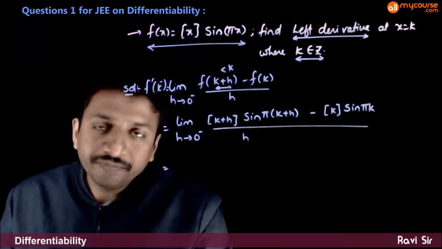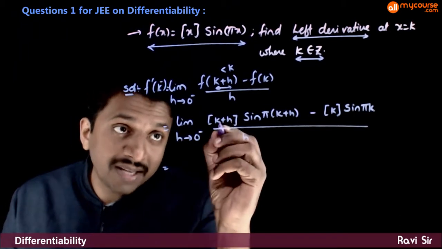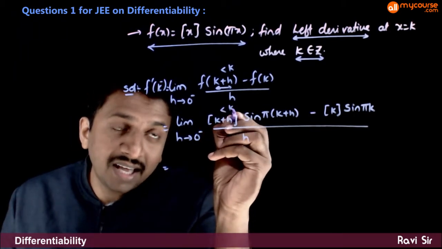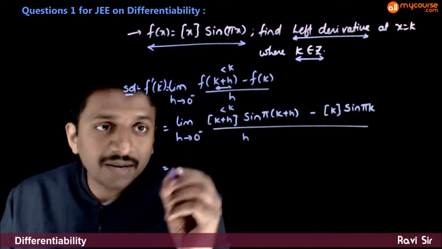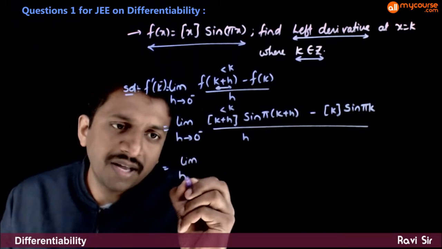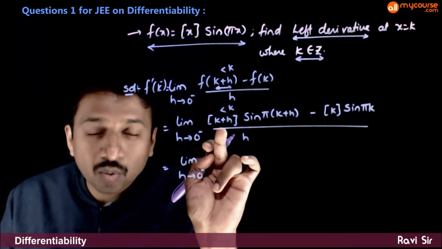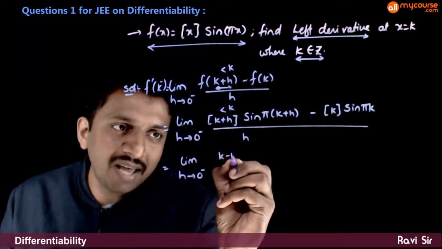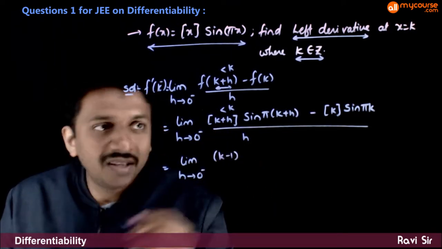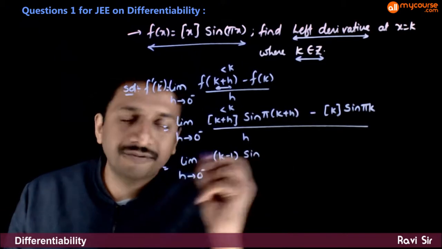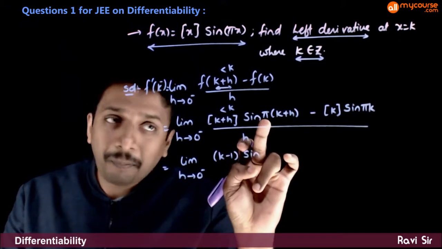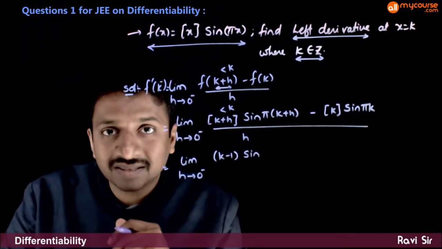As h tends to 0 minus, this is slightly less than k. So what does the integer part become? It becomes k minus 1, times sine of pi times k plus h.